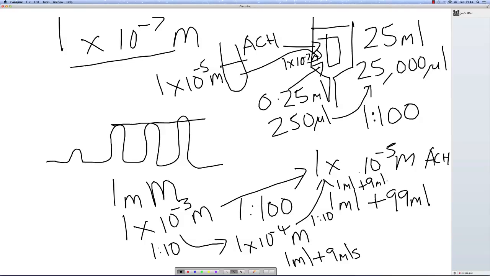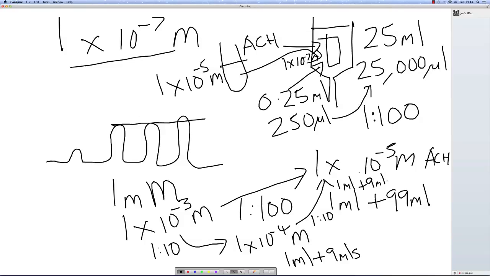You will probably already look at the solutions and you will see that they are all colorless. So label your tubes. Label them with the substance, ACh, or whatever you might be diluting, and label it with the concentration that's inside the tube.